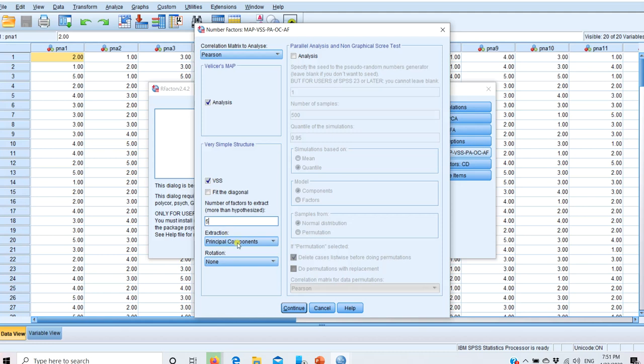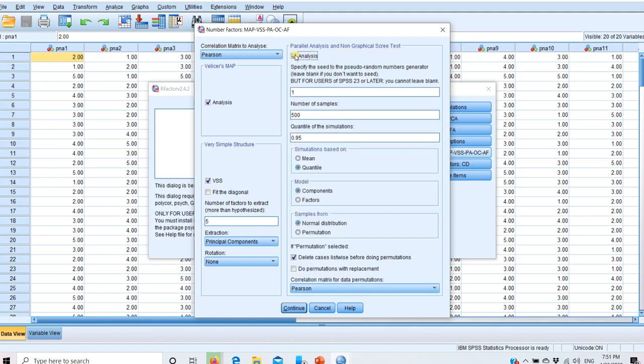Then you will have to select principal component. Many researchers say that if you are going to do principal axis, you select principal axis. I will show you that both will give almost similar results. So let us go with principal component. Now come to the parallel analysis and non-graphical scree test, meaning the acceleration factor and optimal coordinate. If you are using version 23 or higher, then some seed for generating the random data set should be given.